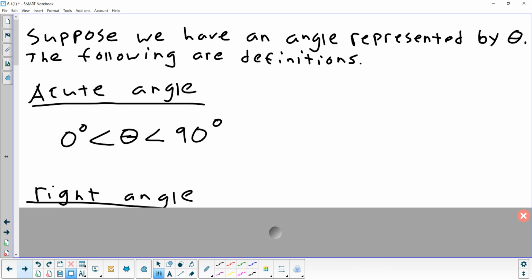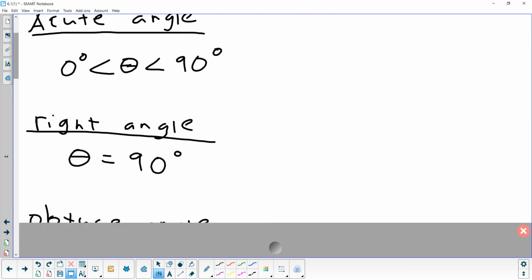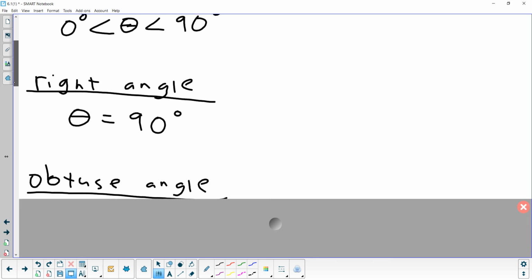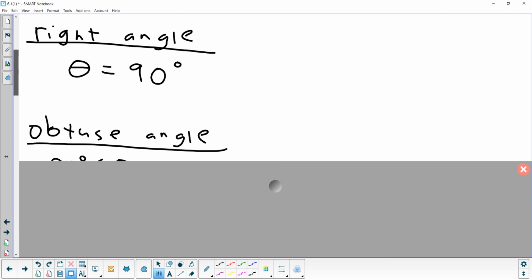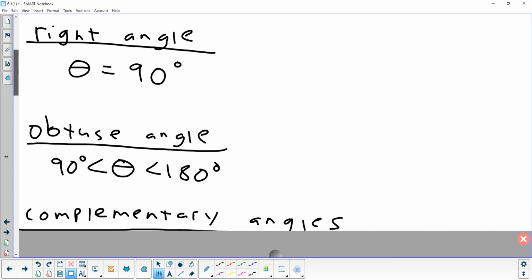How about a right angle? Leanne, what's a right angle? Exactly 90. So that's an angle that would equal 90 degrees. How about an obtuse angle? John? It's greater than 90, but less than 180.